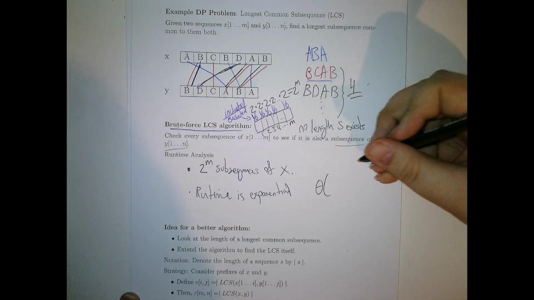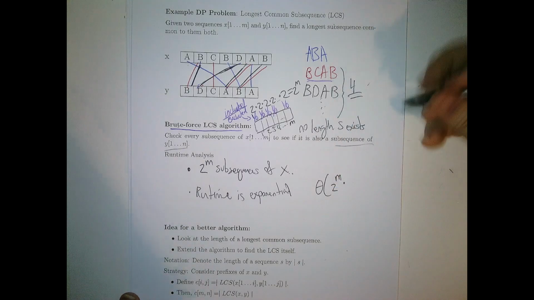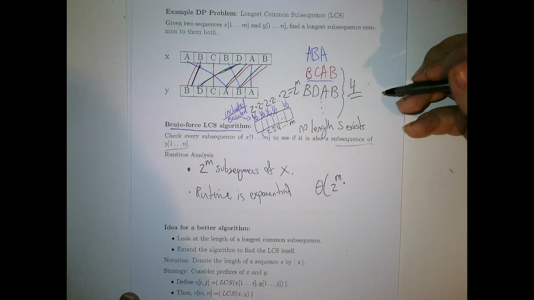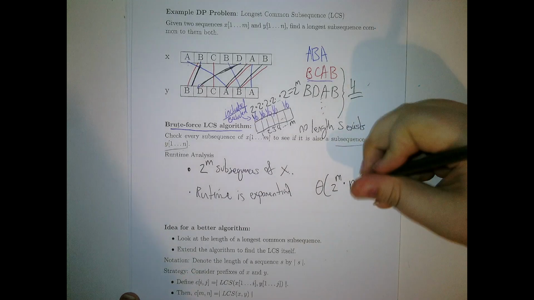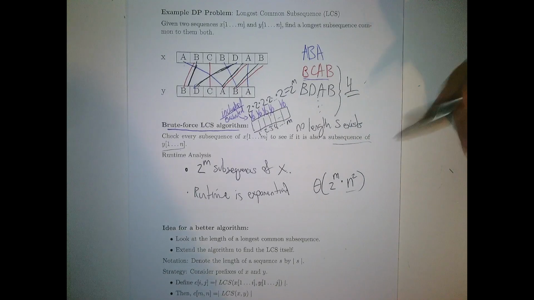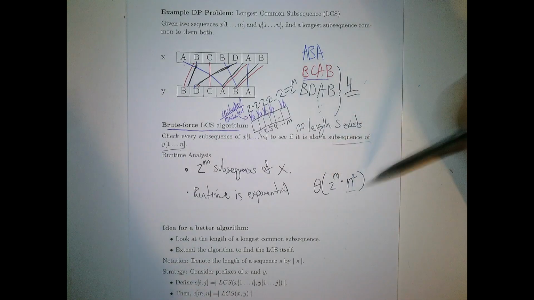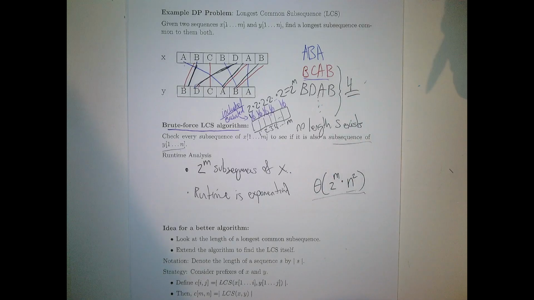The runtime would be something like 2 to the M times either the length of this guy or maybe the length of this guy squared, depending on how nice our strategy is for finding if this is a subsequence. But something like this would definitely be sufficient as a brute force approach.